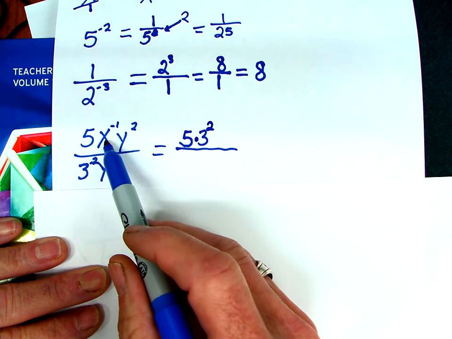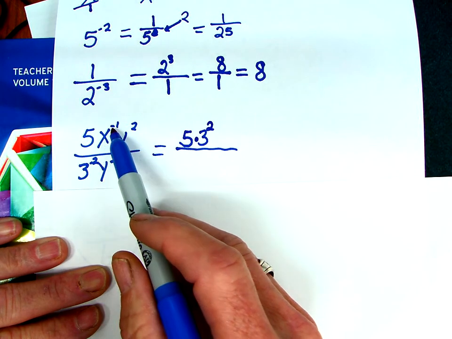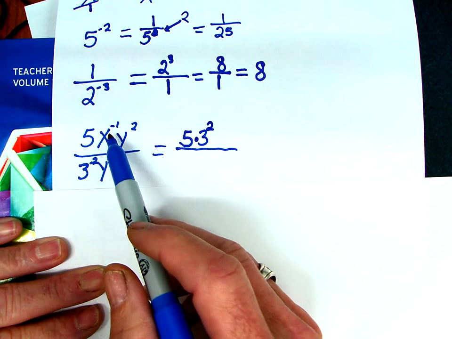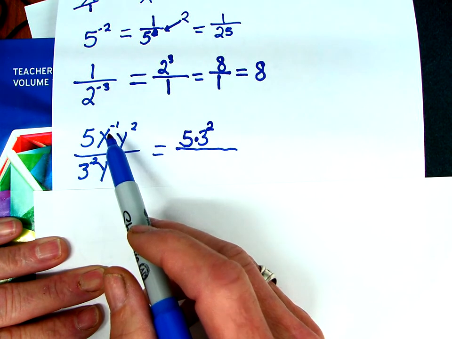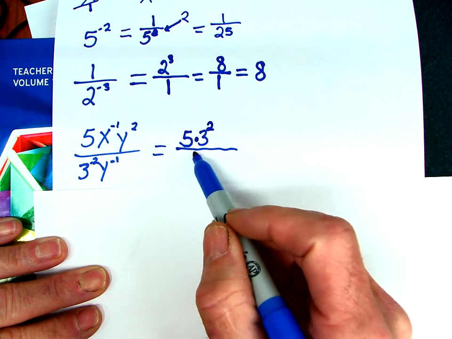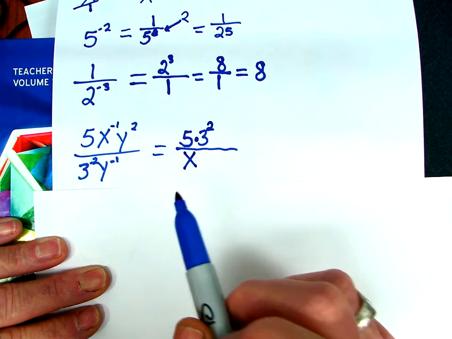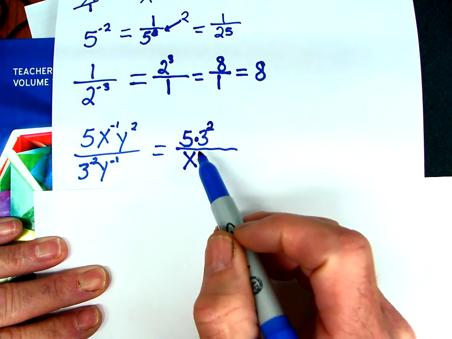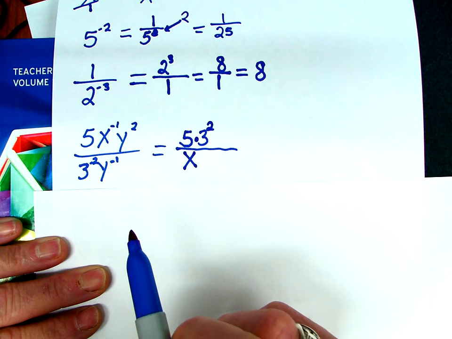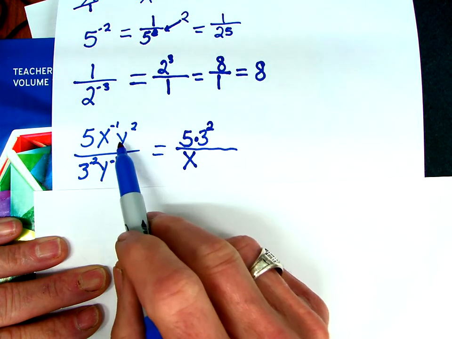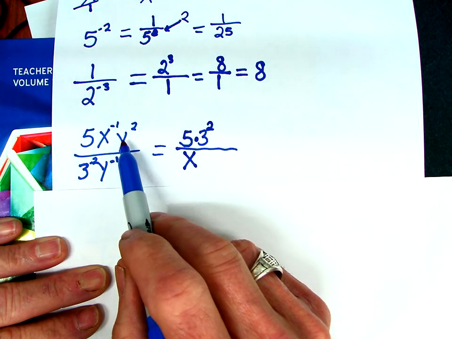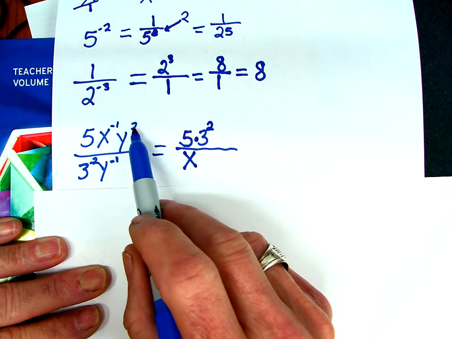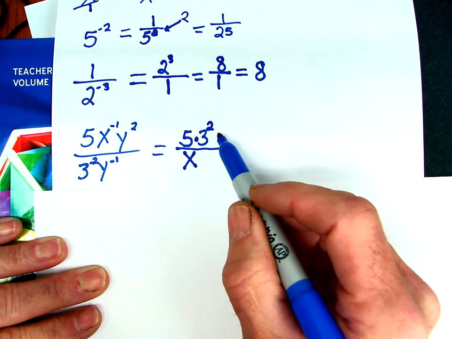Next I get to the x's. This x is to the negative first power. It's on top. That means it needs to be moved to the bottom. It's to the first power, so I don't even have to write the 1 right there. Now on top, I have this y to the second power. This power is positive, so it stays on top.